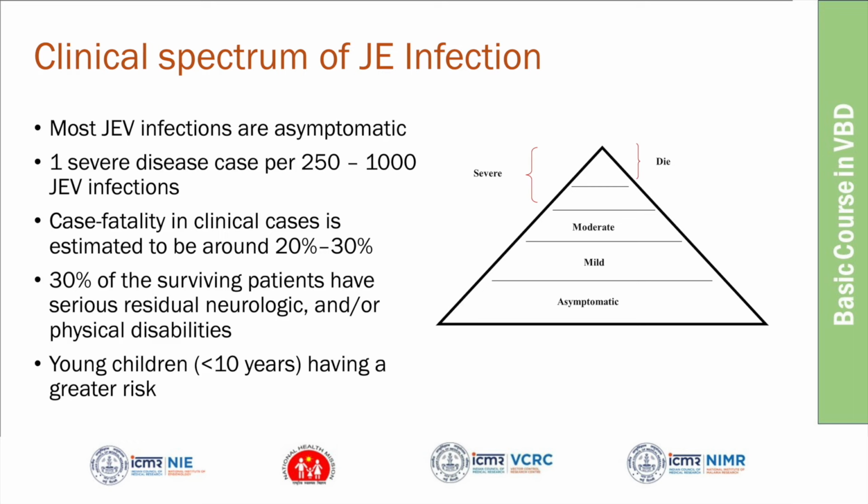But as I have told you earlier, this can cause very high case fatality. Of those who develop severe disease, around 20 to 30% die. And among people who survive, 30 to 50% can develop physical or mental disability.